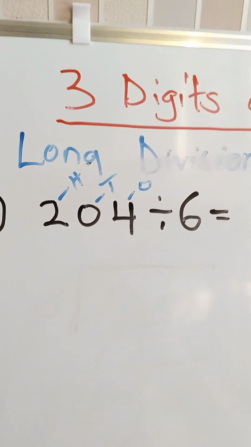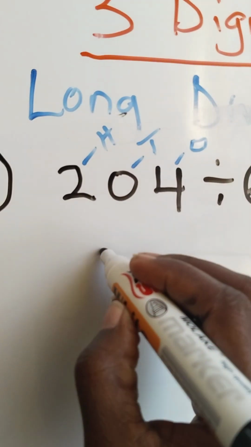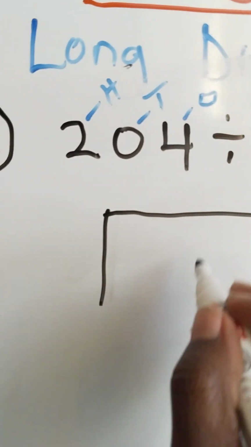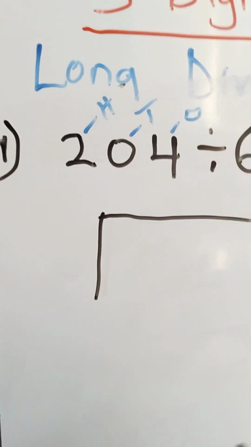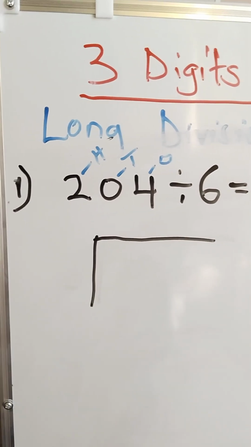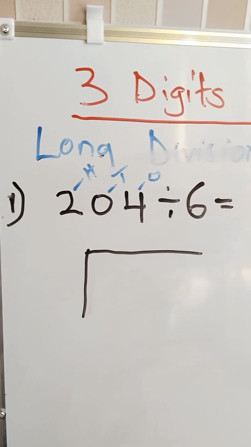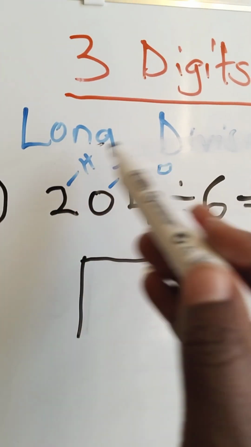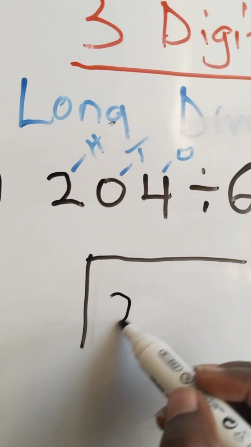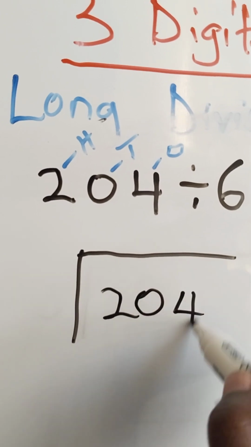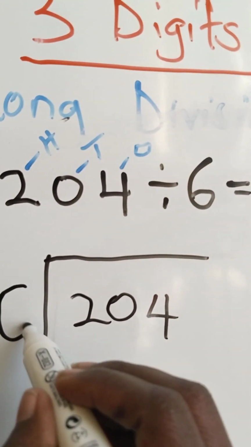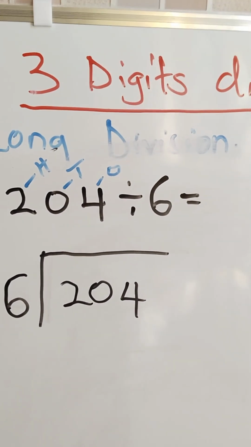Because the teacher didn't put a long division for us, we put our long division, and the 3 digits are always inside, which is 204. The other number, which we are dividing by, is 6 on the outside.